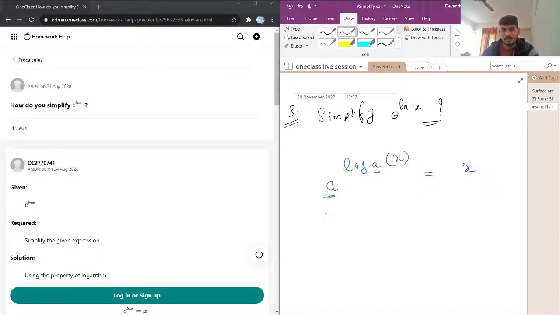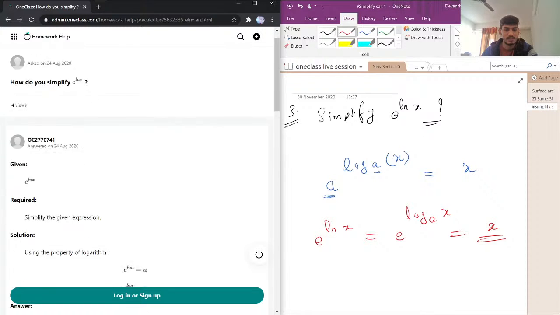So in our question we have e power ln of x, which is natural log, so I can write e power log of base e of x will be equal to x. This was pretty easy.